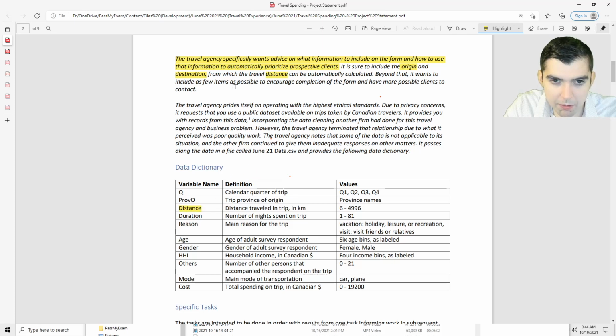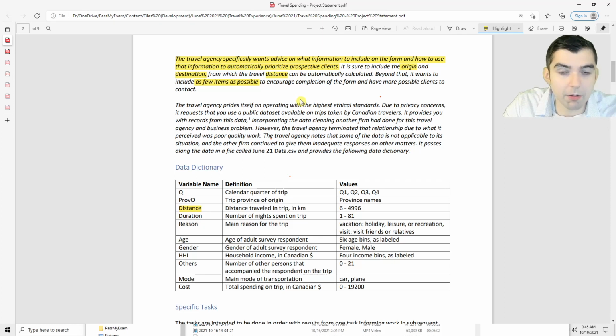Beyond that, it wants to include as few items as possible to encourage completion of the form and have more possible clients to contact. So this is analogous to an application for a job online. Everyone dislikes filling out job applications. They take a long time.